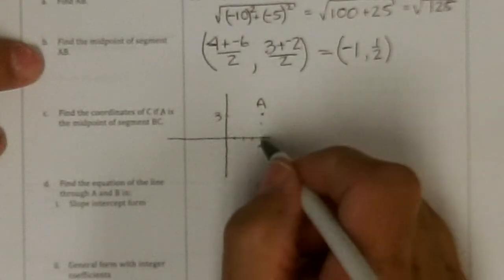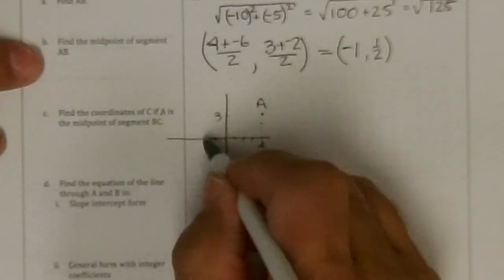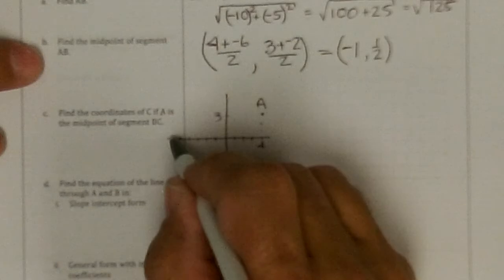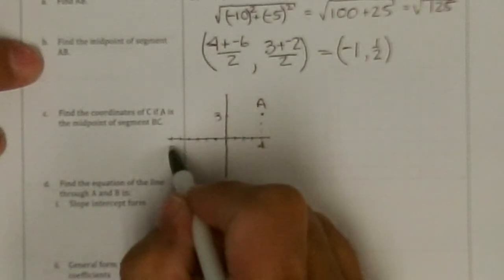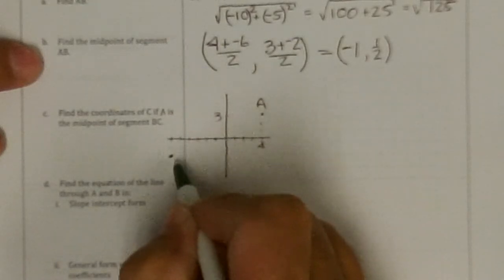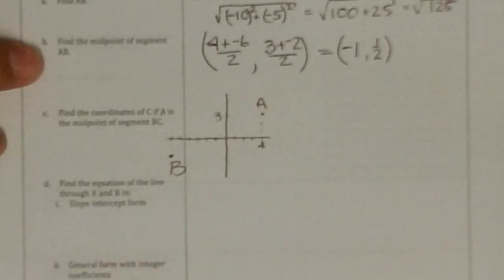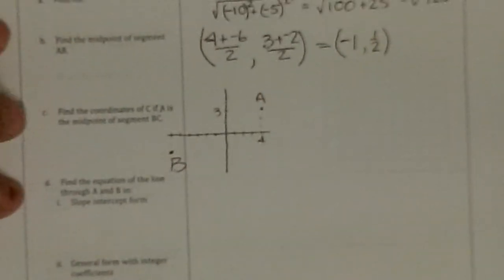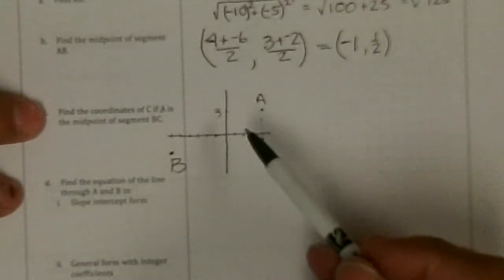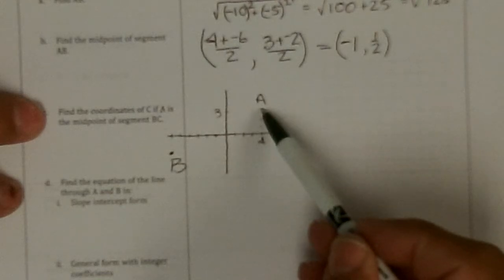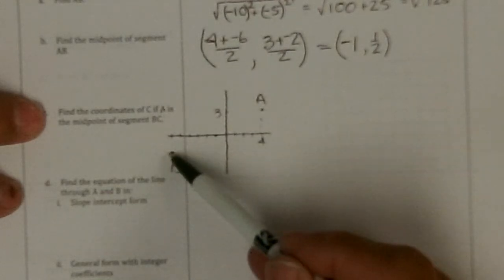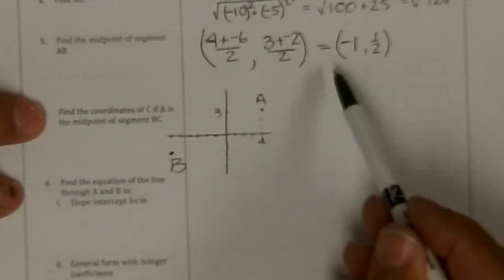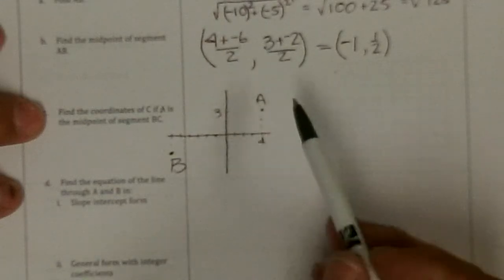And B is at negative 6, negative 2. And it says find the coordinates of C if A is the midpoint of segment B to C. So C would have to be up here.